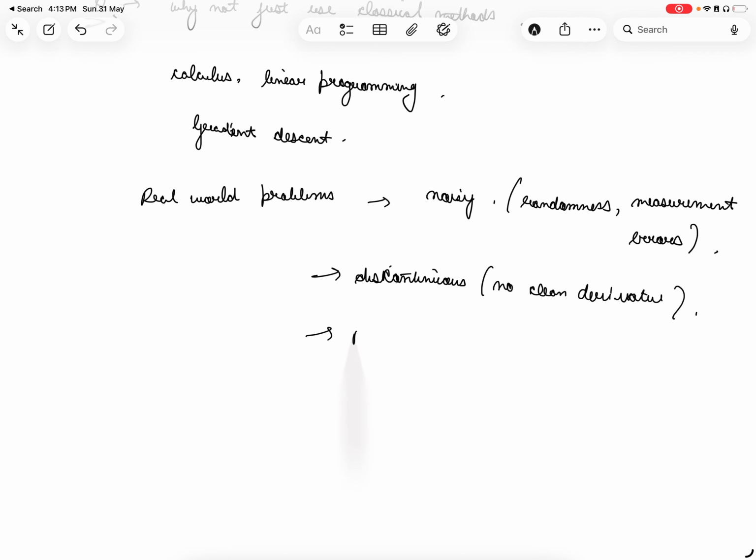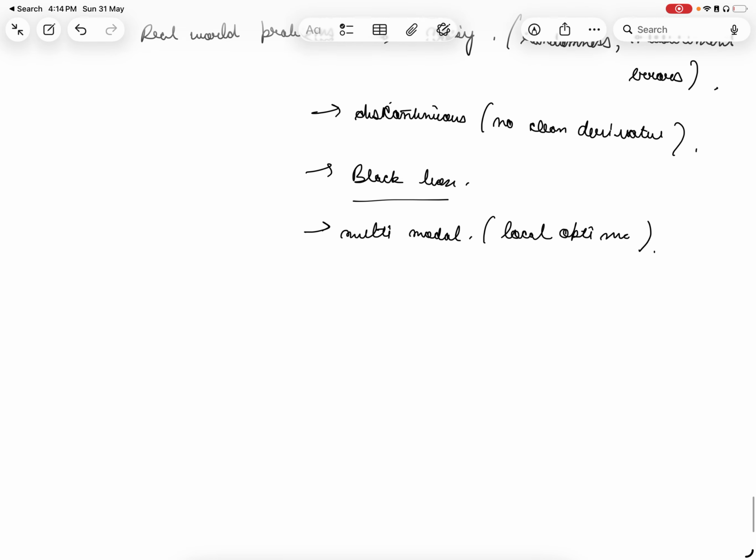There can be black box problems, where we cannot compute the gradients but can only calculate the solution. This is a very big issue. Or they can be multimodal, full of local optima. All these things are walls that the classical methods hit.